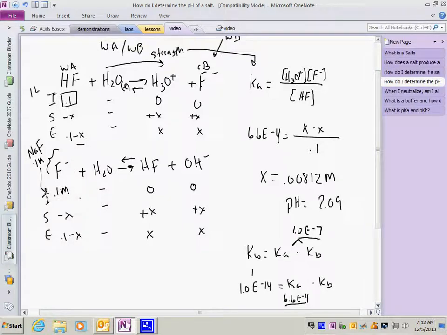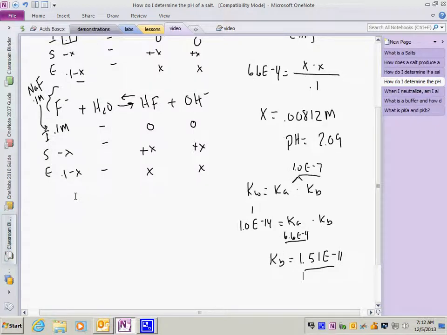So let's go ahead and calculate this out and see, okay, how efficient is this guy at actually being able to kick over the product. So the Kb equals the concentration of the HF, concentration of the OH negative, over the concentration of F negative. Plug your values in. We'll neglect this and plug in this value here, equals 1.51 e to the negative 11th, and you solve for x.